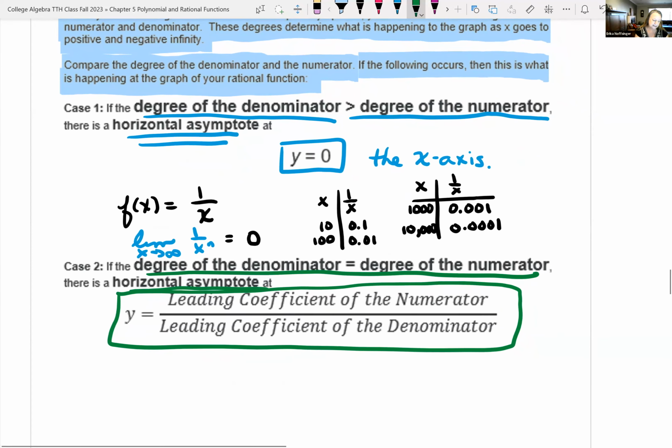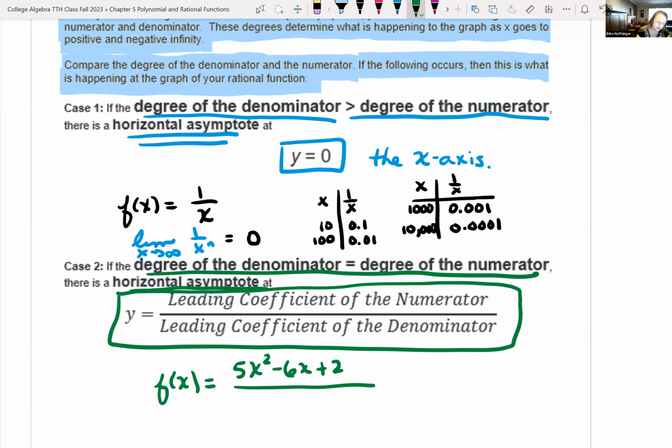So for instance, let's say f of x is equal to 5x squared minus 6x plus 2, all over 25x squared minus 9. I would just look at this and compare the degree of my numerator and denominator. I would notice that the degree of my numerator is 2, and the degree of my denominator also equals 2.